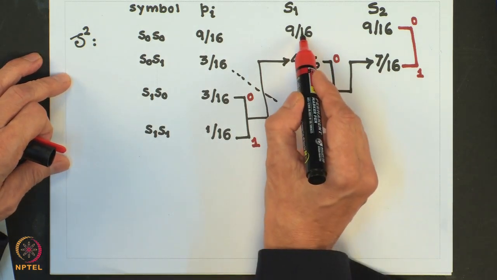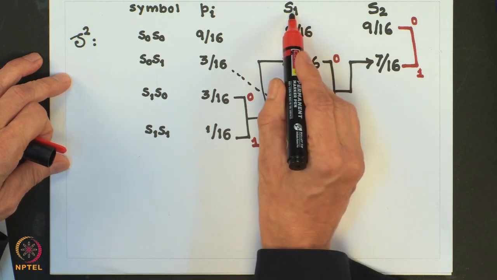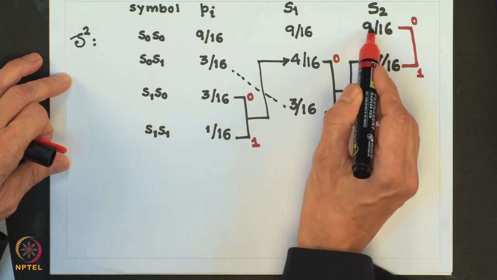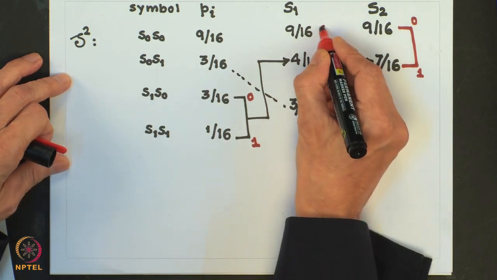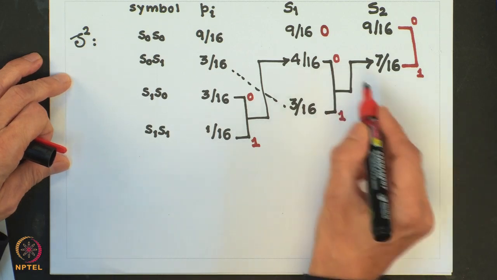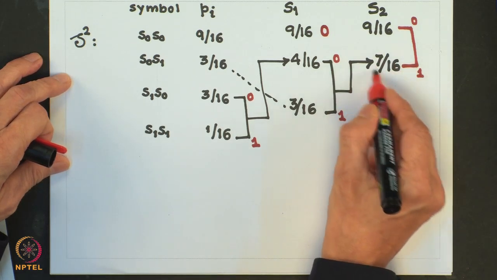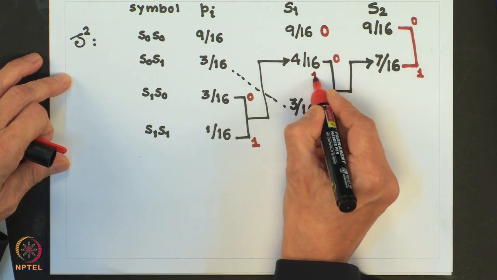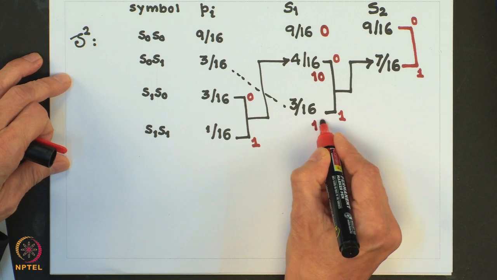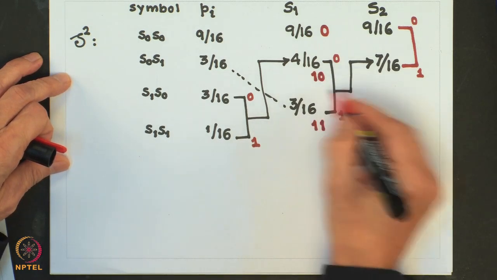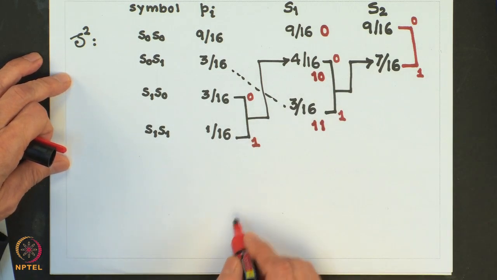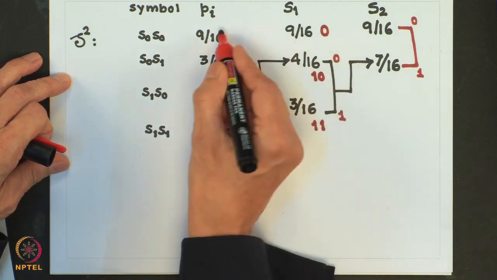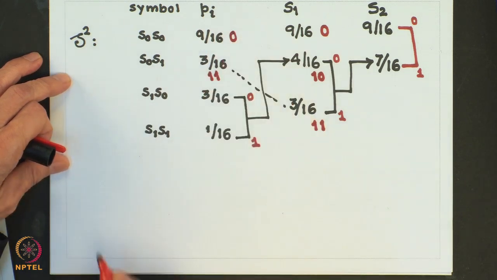So, this symbol in this S1 will have the same code word as what is here, 9 by 16. So, this will be 0. You take the code word 1, and the code word for this will be 1 0 1 1. I add 0 and 1 to the code word 1. Then this will go as it is, here 1 1. This will also go as it is here, 0.